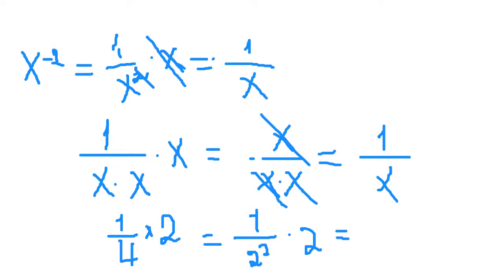And then 1 over 2 times 2 times 2, right? It should cancel out like this. So it should become 2 anyway.